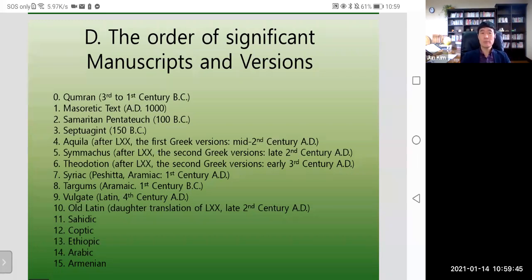They can say that, but in my opinion, Qumran is more important to me because the process of translating the Hebrew Bible to Greek is translation.